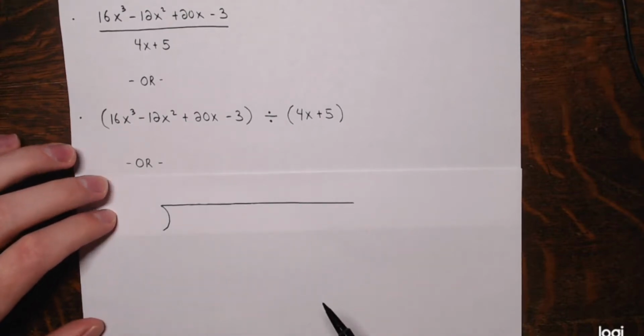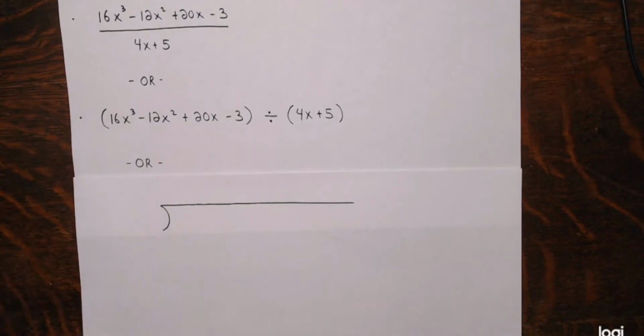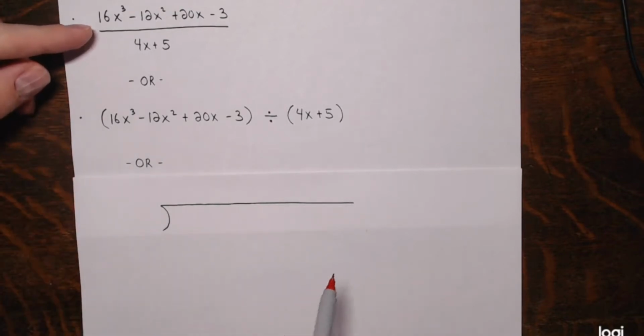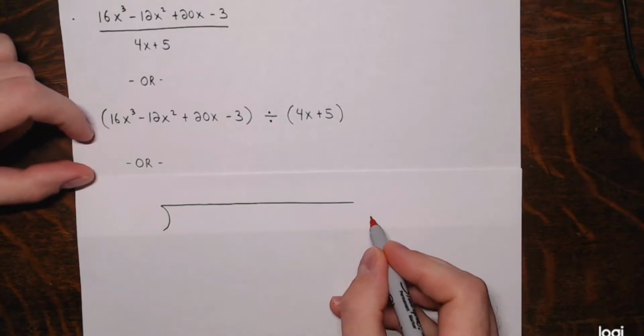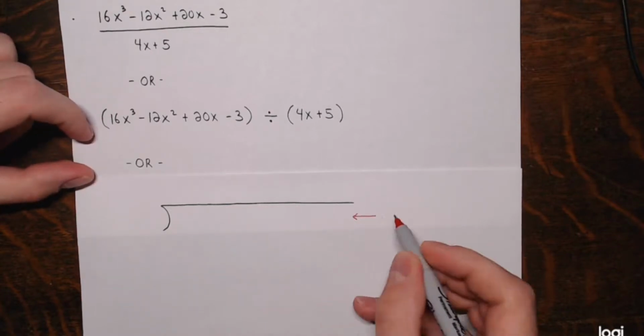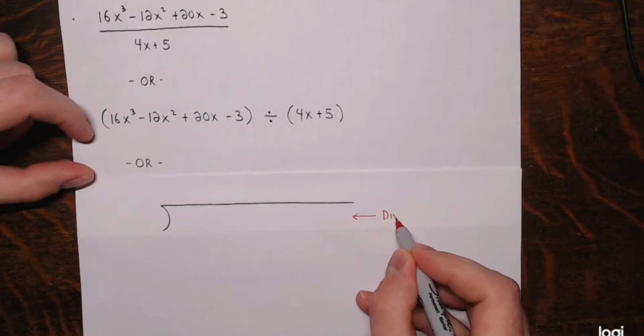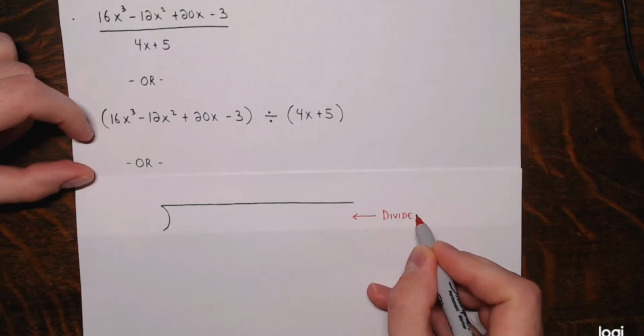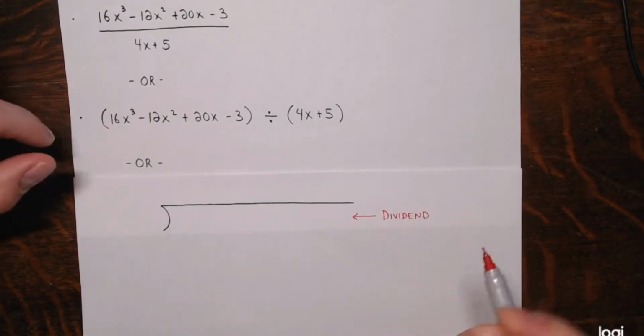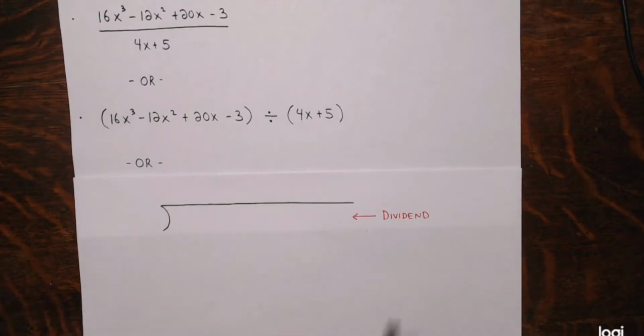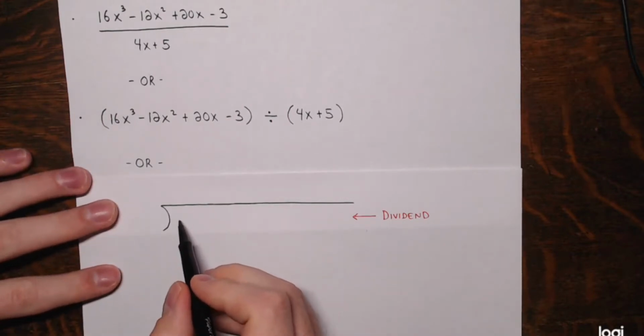And then how this works is the dividend, or the numerator of your fraction, goes underneath the symbol. I would recommend putting it in general form for a polynomial, descending order.